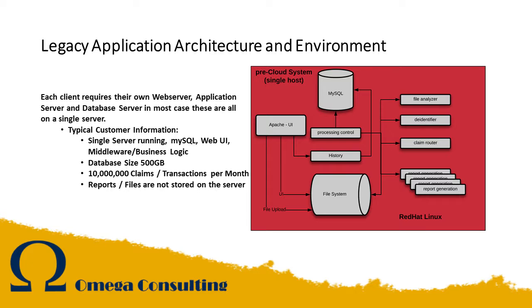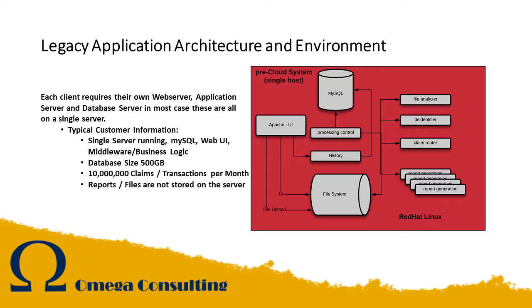But in general, there's a simple diagram here. Each client has their own single server. In most cases, there are some larger ones that have load balanced web farms, but in most cases it's a single server running all the instances and applications of MySQL, a web server, and then their middleware and business logic. The average case database is about 500 gig.